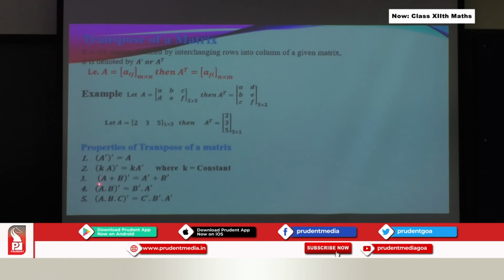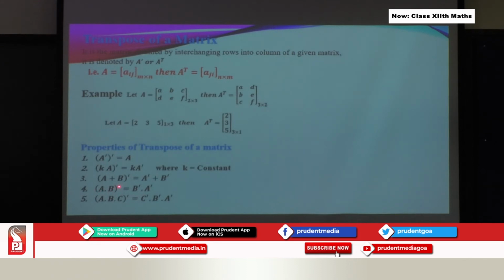Your constant. Now when you add two matrices, okay, and you take the transpose of it, it will be equal to the transpose of the first matrix plus the transpose of the second matrix. Now this fourth property is a very important property. You can say this is like a reverse property.